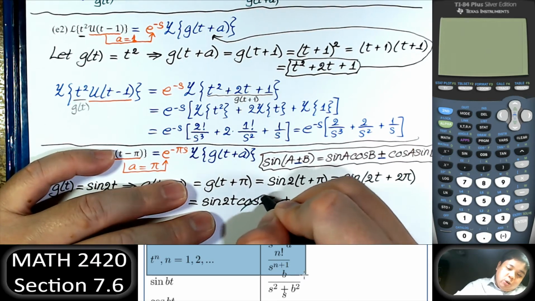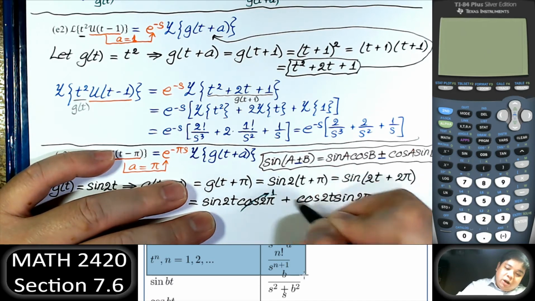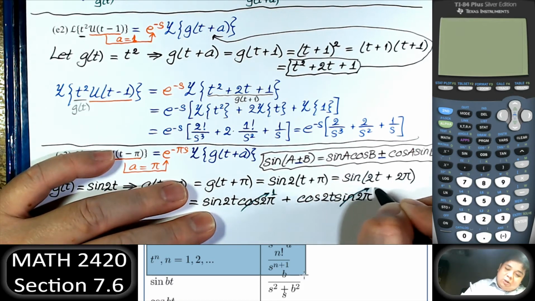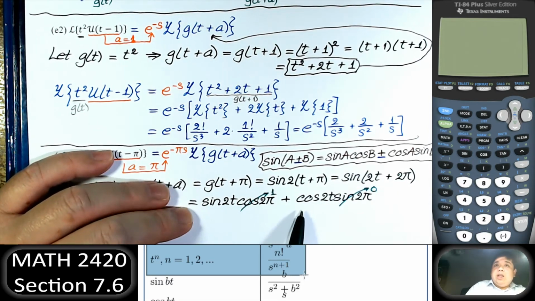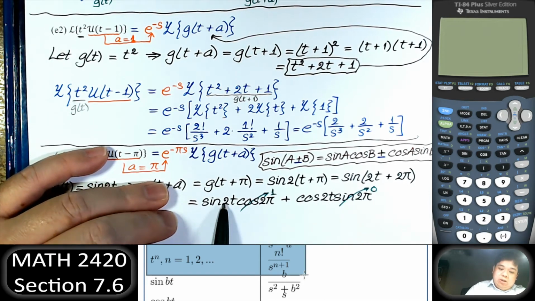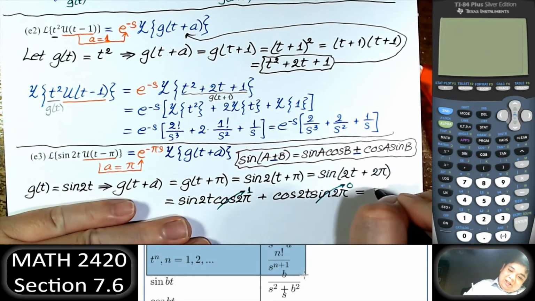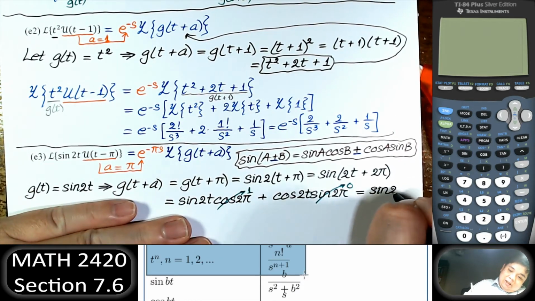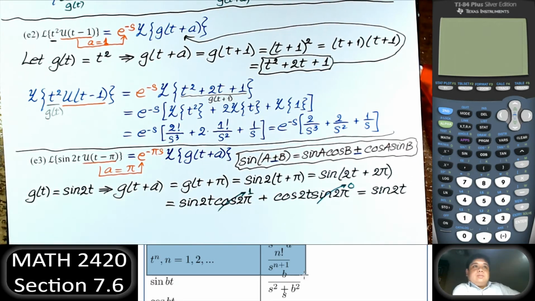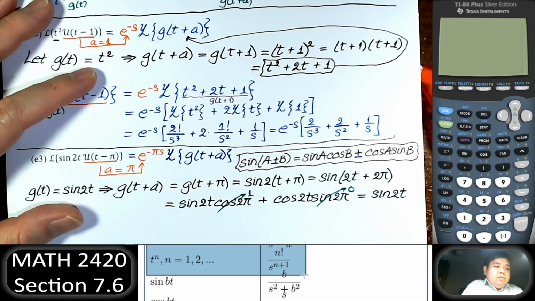Cosine of 2 pi or cosine of 0 is equal to 1. Sine of 2 pi is equal to 0. So this would be 0, and that just would be sine of 2t. Right.